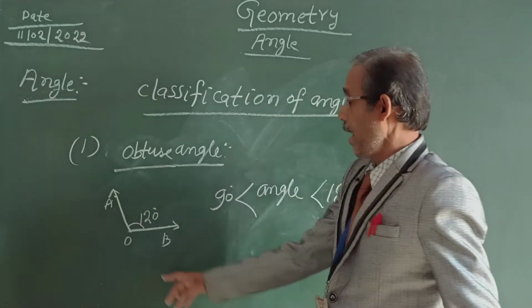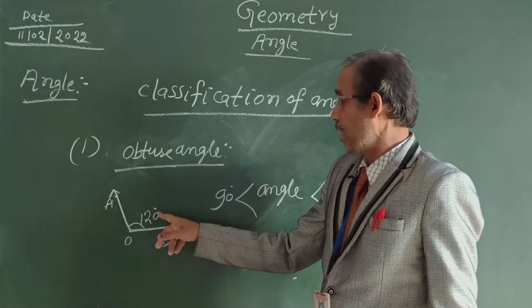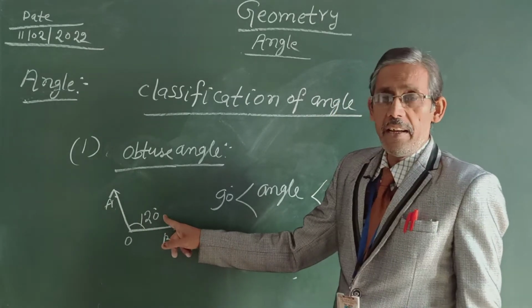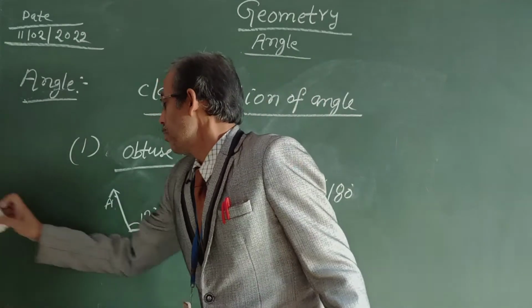Suppose angle AOB is 120 degrees, it is called an obtuse angle because it is greater than 90 degrees but less than 180 degrees.